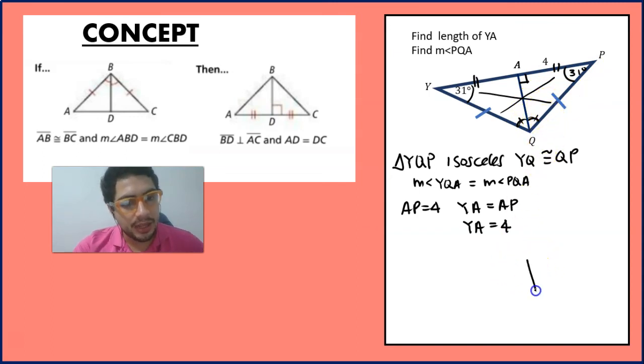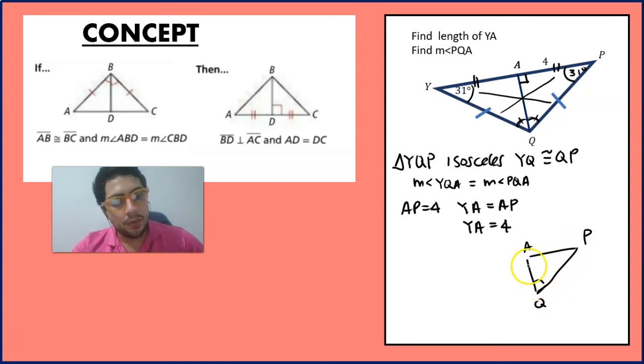Now that we have that, we're going to focus on the triangle on the right, triangle PAQ. We're being asked to find this angle, PQA. We know that this angle is 90 degrees because of the theorem, and we know that this angle is 31 degrees.